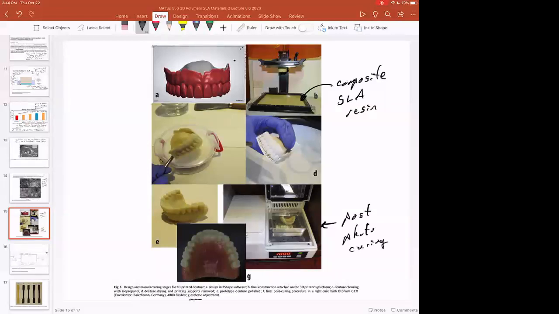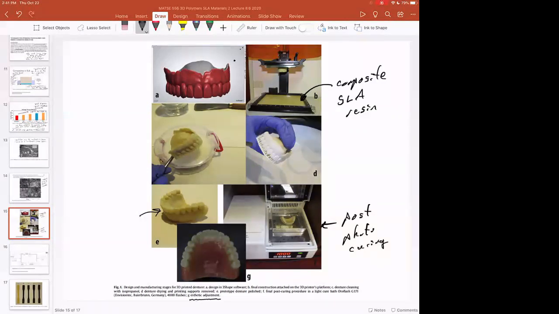And then they do a little aesthetic adjustment, which means that they color it so it looks like a mouth and it's not all completely white, because that would look just a little bit strange. But they're thinking about now how to use really hard materials that are photopolymers in dental.